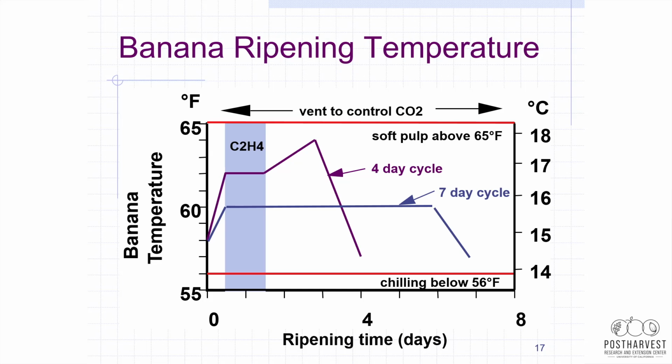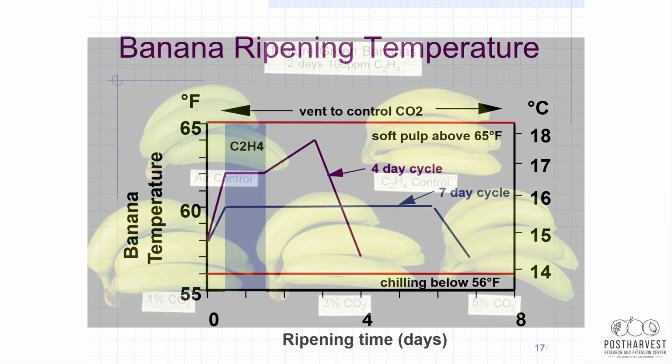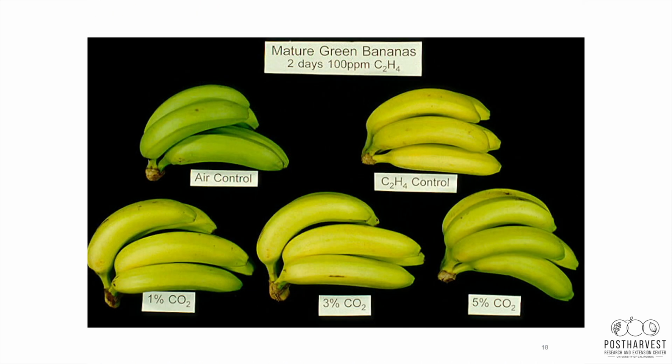So the speed, or the time that you need to get the fruit to the retail level, can be manipulated by the temperature at which you ripen the fruit. This is just to show the effect of carbon dioxide. If you look at this, here is a control, 1, 3, and 5.